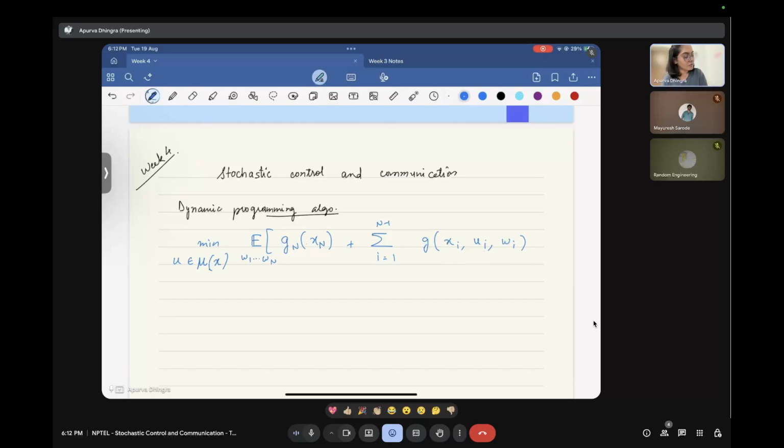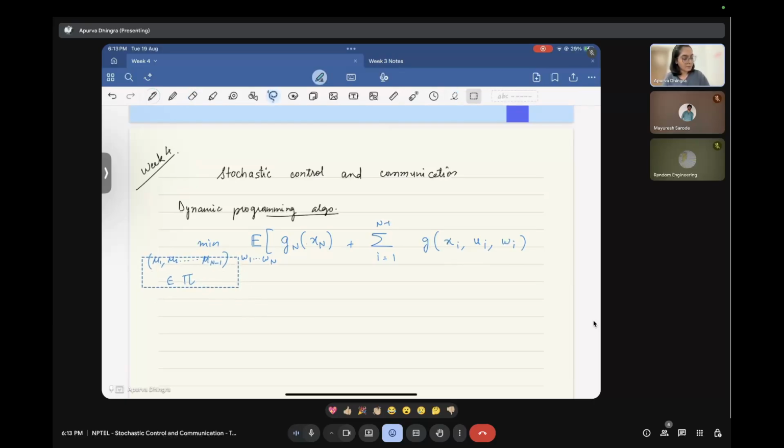If I am focusing on ui, ui is some function mu i, which is a function of xi, and this is for all such mu 1, mu 2 till mu n minus 1 coming from some policy. We would have chosen what kind of policy we are talking about. That's what the minimization is over. Okay, this is the main objective. This is our main task.